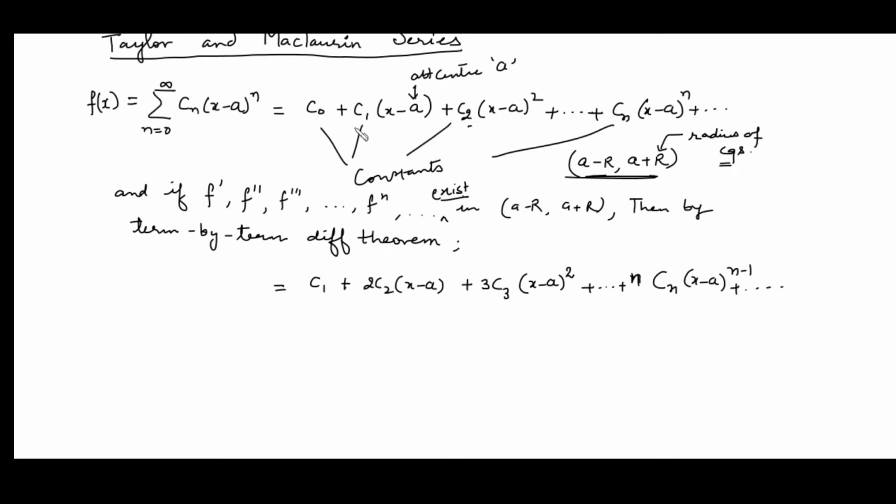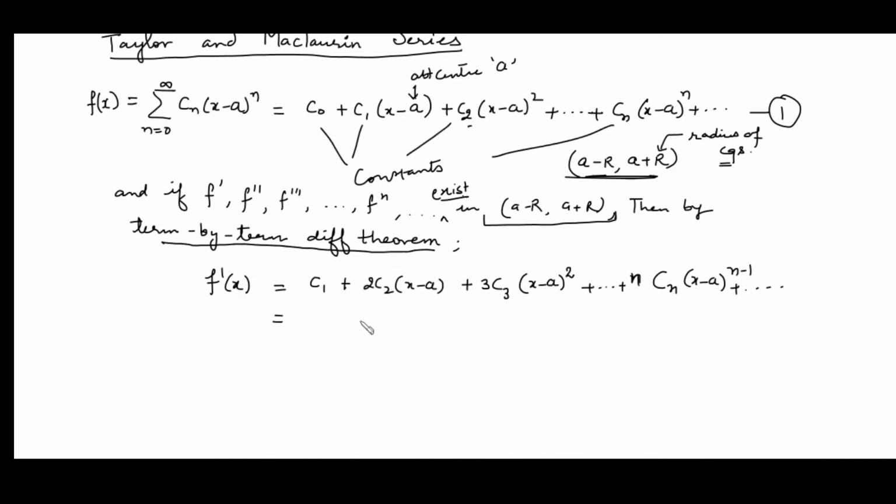So when you take the term by term derivative of equation 1, it converges to the derivative of the function over the same interval a minus r to a plus r. This is by the term by term differentiation theorem. So we have a new power series which is converging to the derivative of the function.